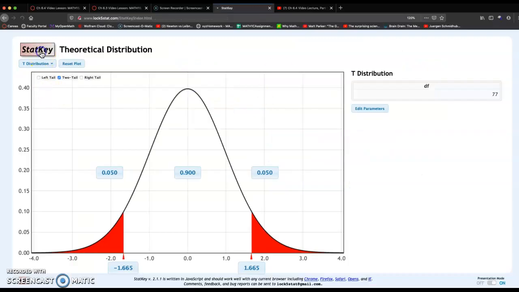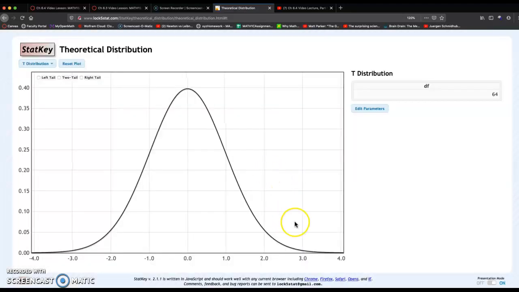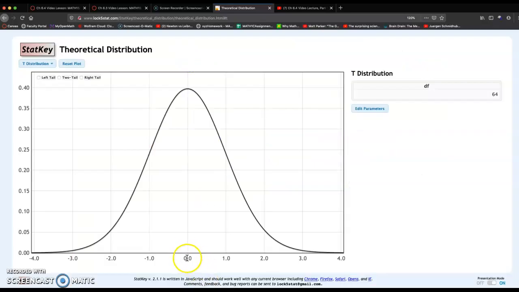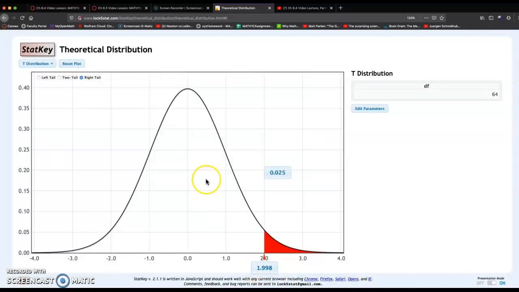So if I go back to StatKey, that t distribution, we're going to take 65 minus 1, so 64 degrees of freedom, and the test statistic, we want to see how far is that test statistic, 2.096, from 0. And I'm going to assume 0 is the null hypothesis for difference of means. So I'm going to click right tail and enter down here. Don't forget, you do need to change this. Once you click right tail, it's always going to say 0.025. So you have to change that bottom entry to 2.0.